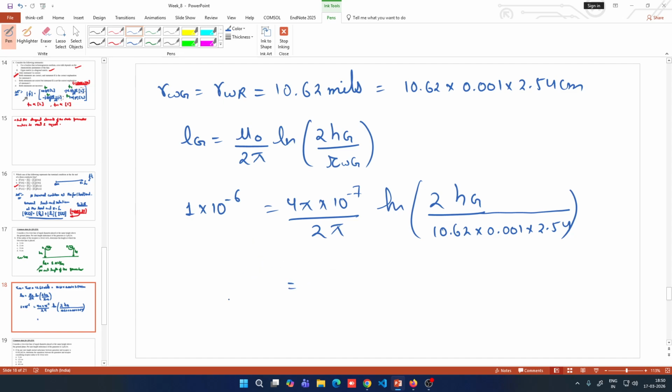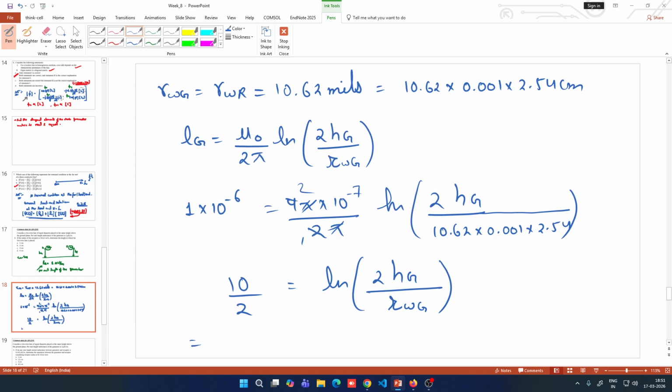When we solve it, this cancels out and the minus 7 goes to the denominator and becomes 10, and 2 comes in the denominator, then ln of 2 times Hg by Rwg.